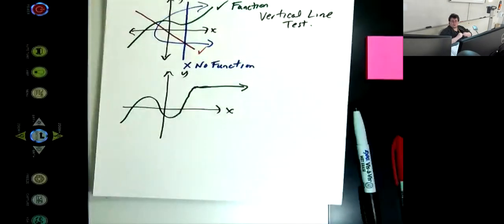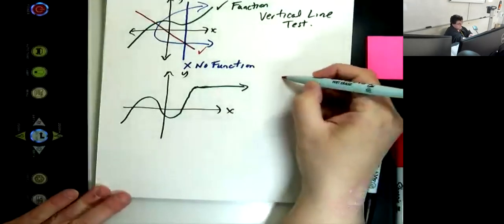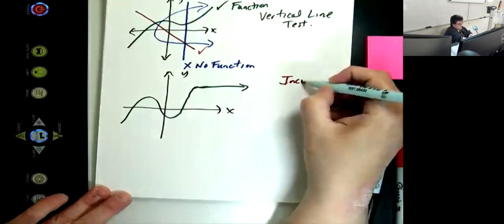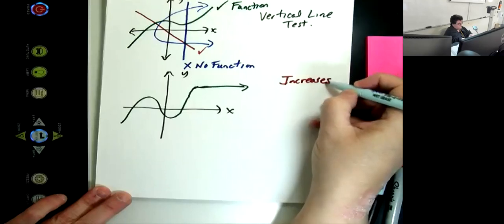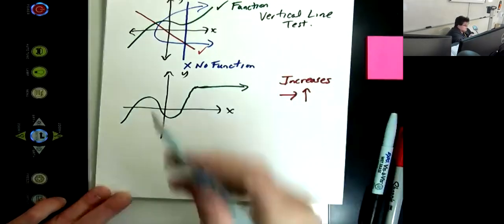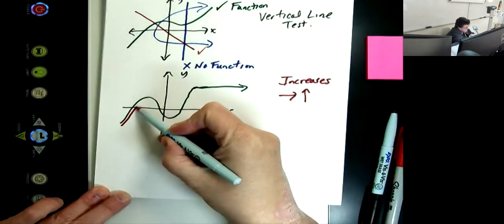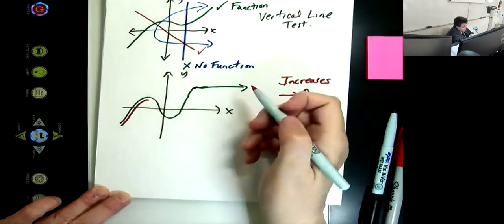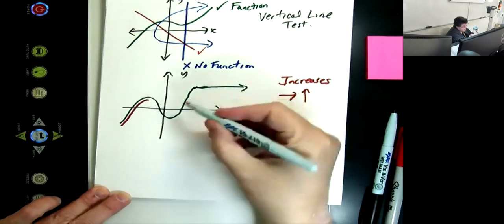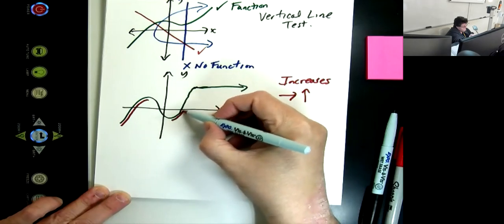Let's say we've got some weird graph like that. Increasing sections are where the graph increases. As you go from left to right, it goes up. So following the green line, this is increasing along this section to right about there. It stops being increasing, and then here again it starts being increasing again.